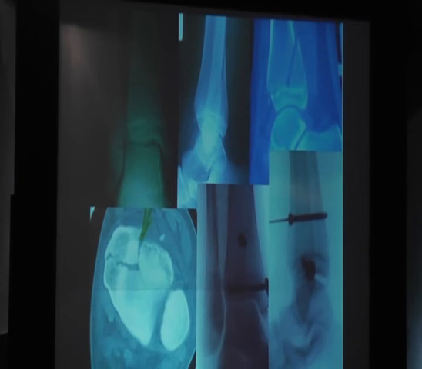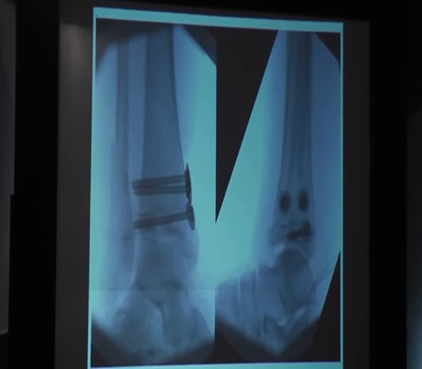And this is one more case example where things have gone wrong. Here again, I don't have the pre-op X-ray, and it shows a Tillaux fragment in the anterolateral corner and some metaphyseal spike. So what they tried to achieve was to fix the Tillaux fragment from lateral to medial.